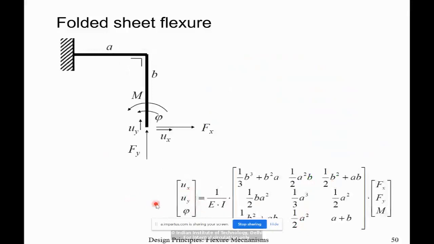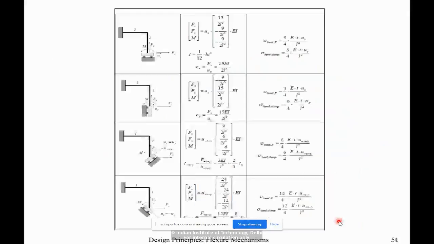So this side is your displacement, and on the other side you have the forces acting, connected by either the stiffness matrix or the compliance matrix. Here, this is the compliance matrix, right? And this is the generalized one. Now, depending on how you attach them, your boundary condition changes, right?